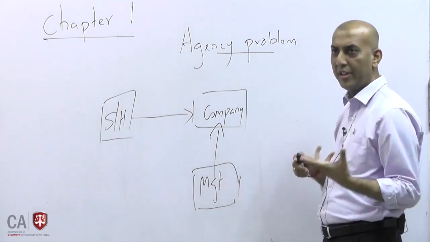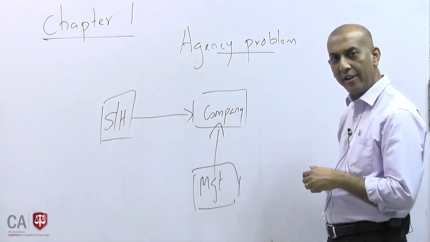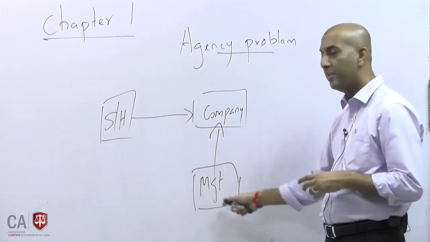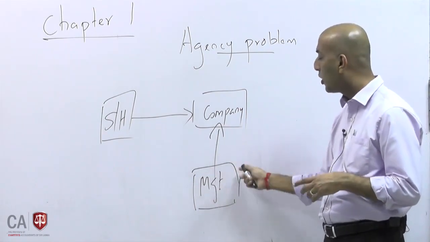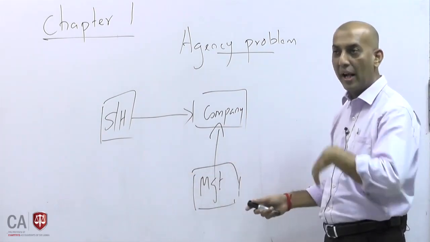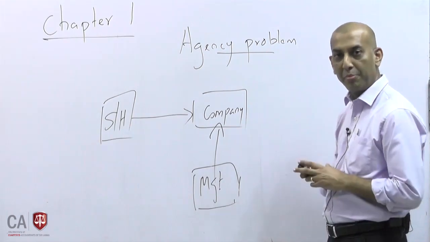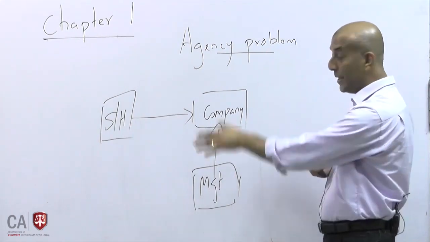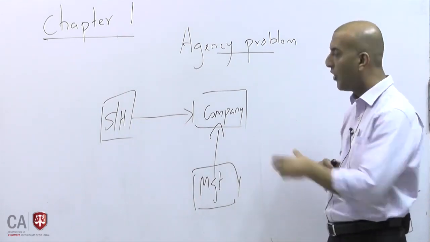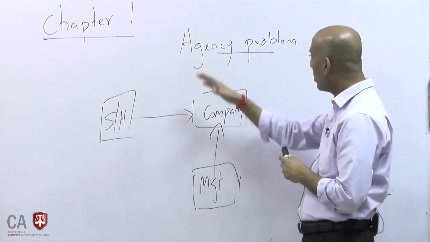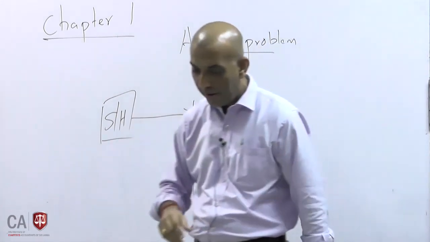But if you are a major shareholder with 51% controlling interest, then you can decide whether the management is running it properly or not, and you can change the management also. Otherwise, you have to live with the management. If the management is good, you benefit. If the management is not good, you may not be able to do anything because you are a minority shareholder. So please note, this is the agency problem you have to be aware of.